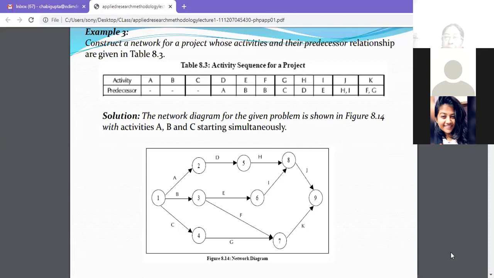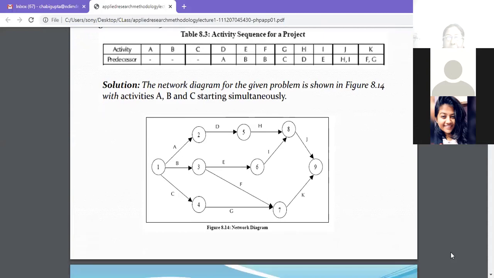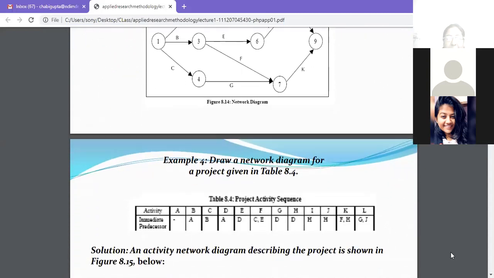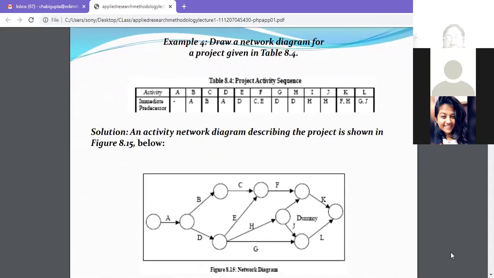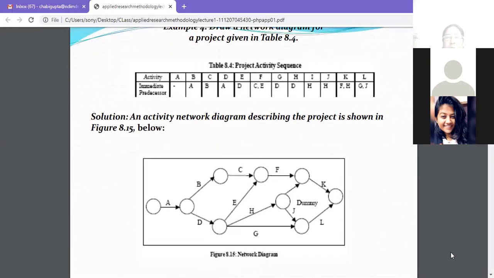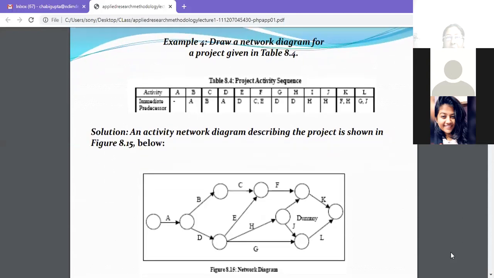Okay, drawn. Yes, ma'am. Okay, good. So let's move on. Draw a network diagram for this. See here it involves a dummy. If you are able to solve this diagram, then you can do any question for the examination.